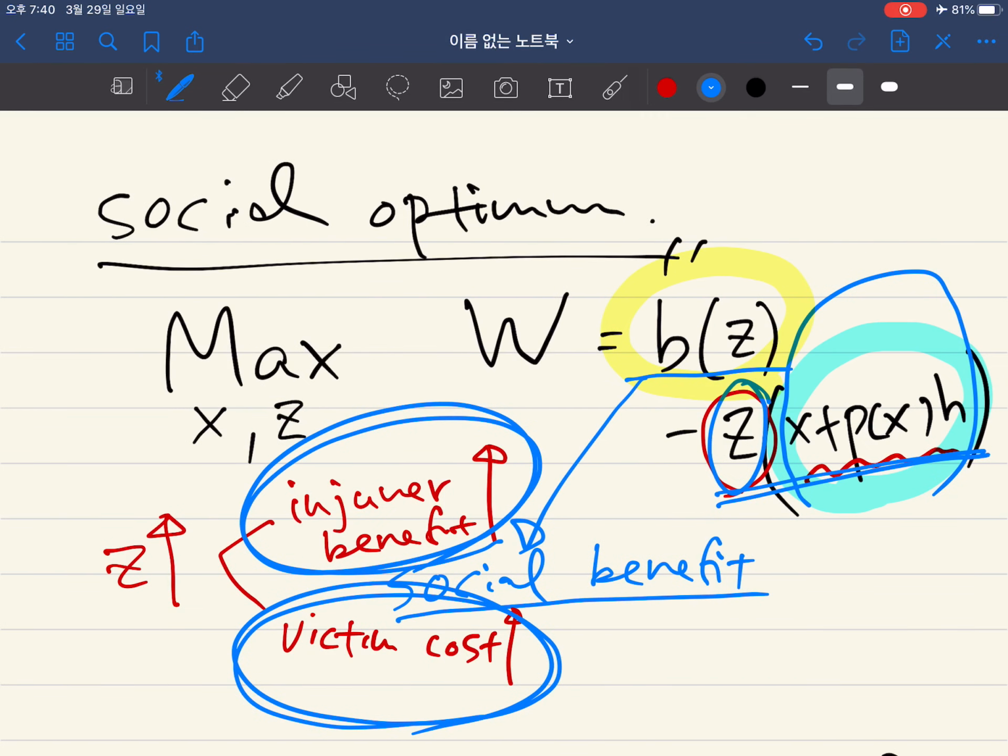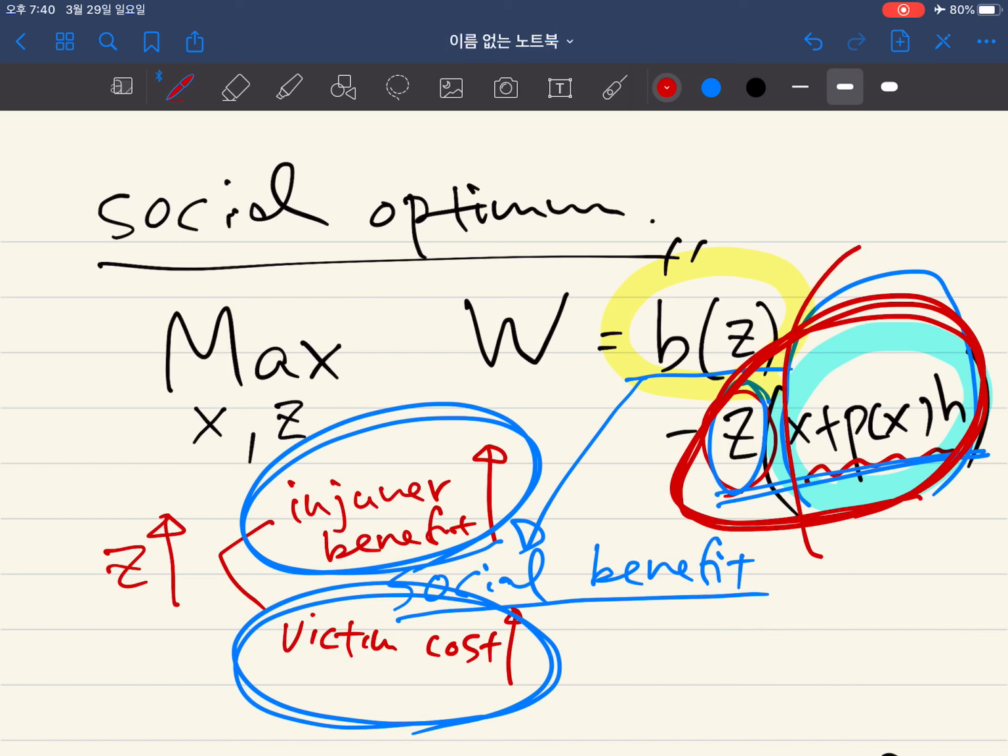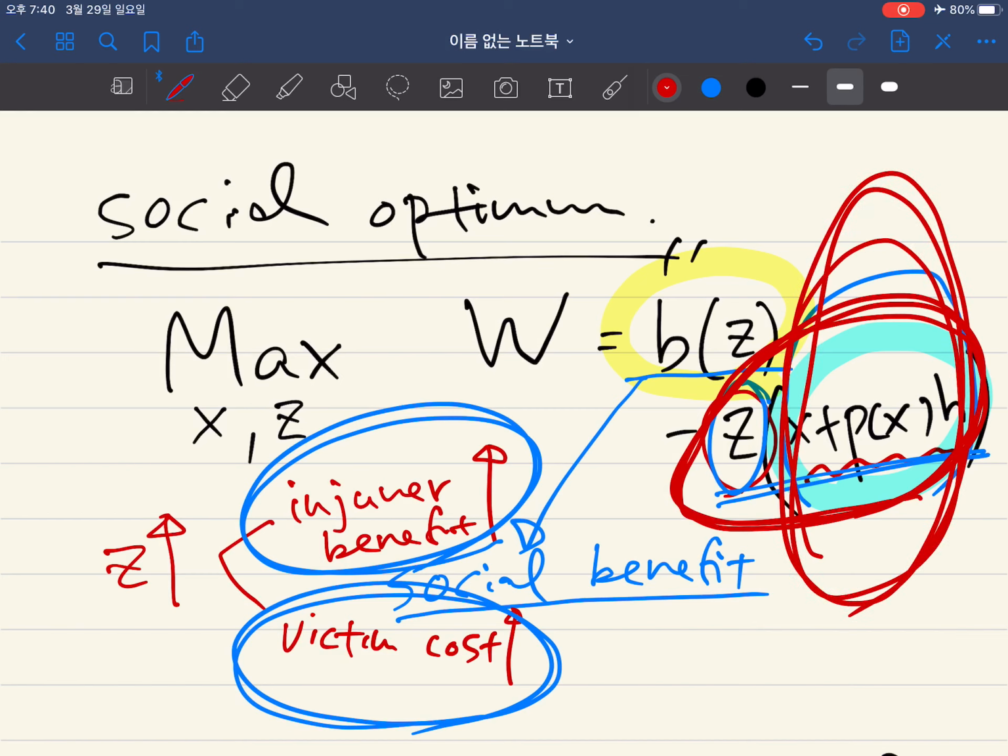Look here, in this social welfare, look at this red term. What is it? This is total social cost. And look at this red term inside here. This is social cost per activity.